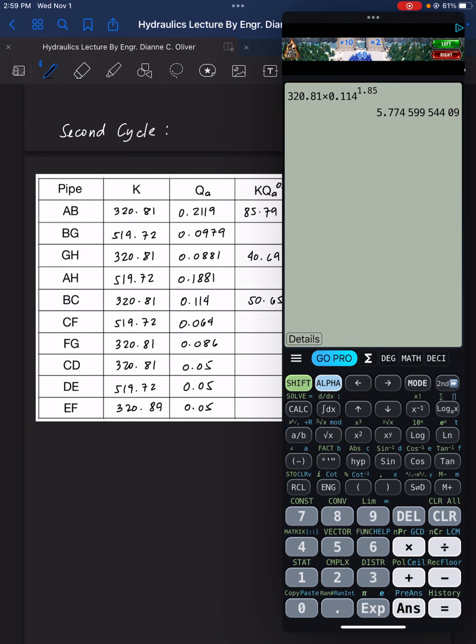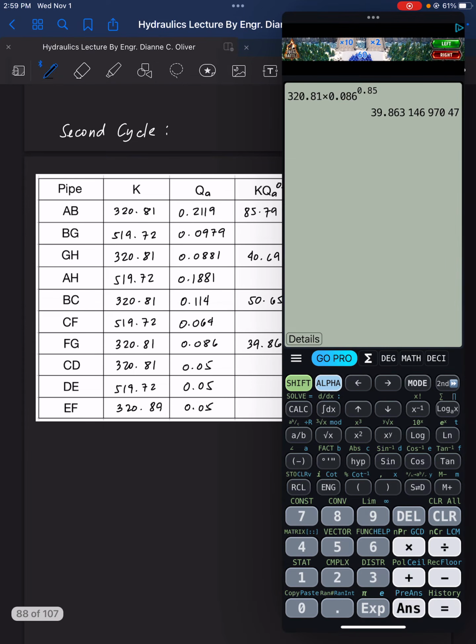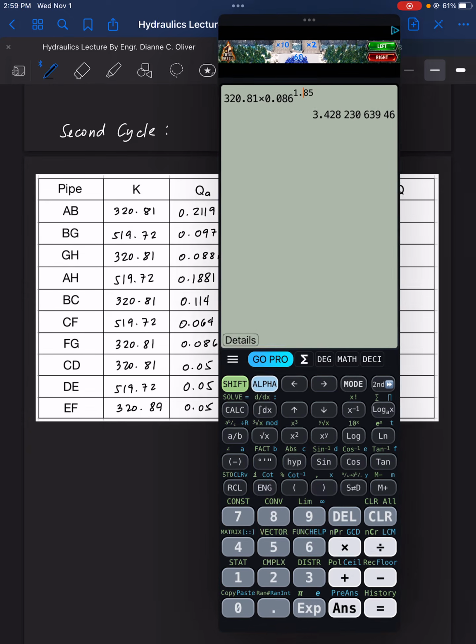Next, we have 320 times 0.086 raised to 0.85, 39.86. And then 1.85, 3.43. So 3.43 for FG.